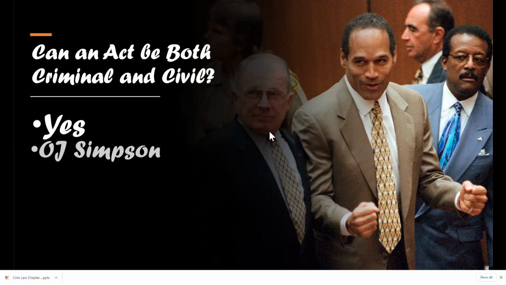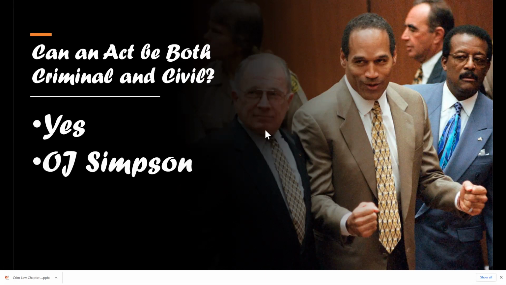Now, O.J. Simpson, for those of you that remember or learned it through history, is this gentleman in the brown suit. He was arrested and charged with the brutal murder of his wife and her male acquaintance. He stabbed them to death quite brutally.